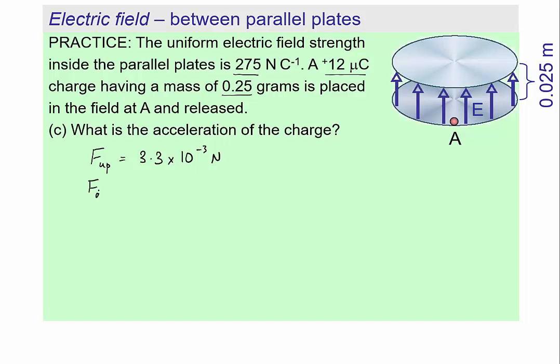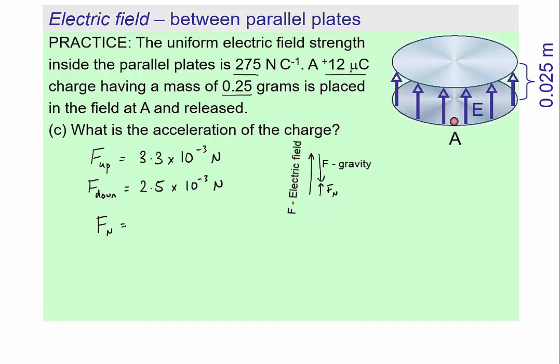The force downwards, due to gravity, was 2.5 by 10 to the minus 3 newtons. So we've got one force going up, one force going down, and so the net force will be going upwards. So that's the net force there, and it will be the difference between the two.